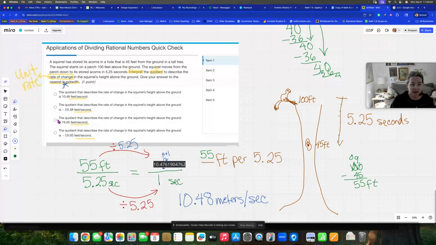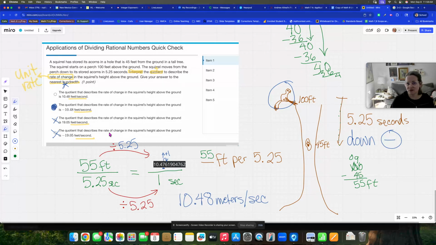All right, so these two answers are out of the running. Now, is it positive or negative? Well, what I want to think about here is, did the squirrel move up or down? So we're going to call this down, and that will be a negative distance.